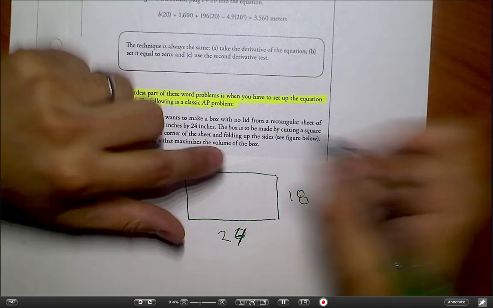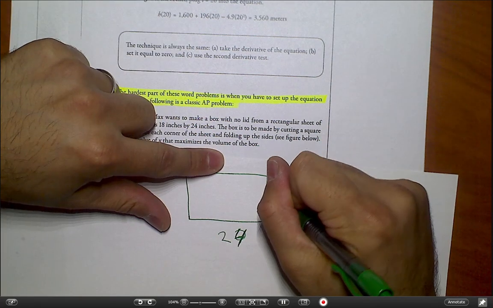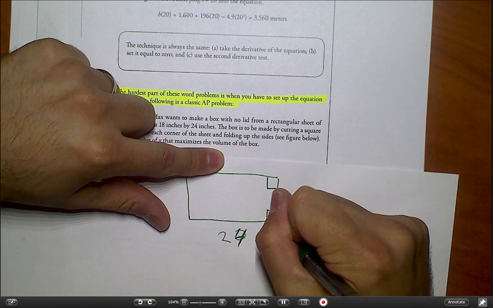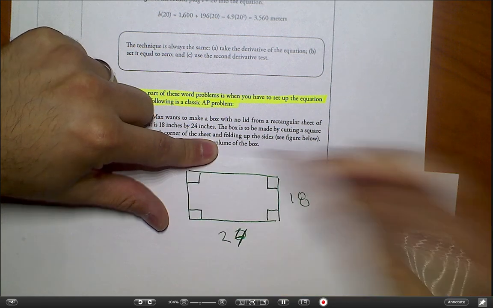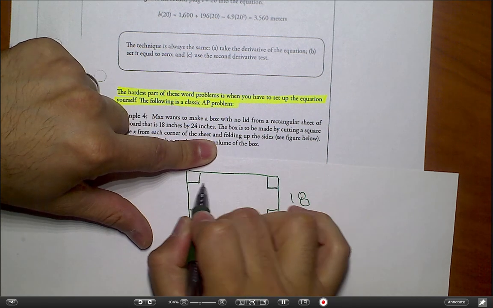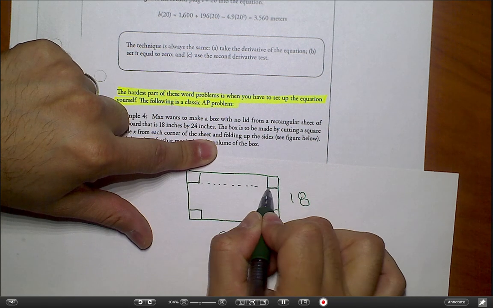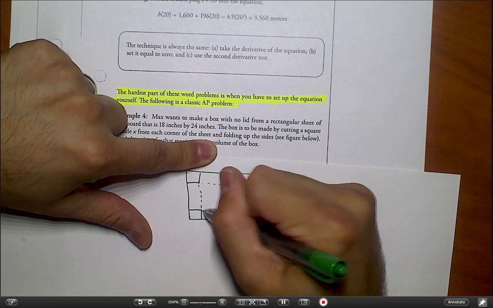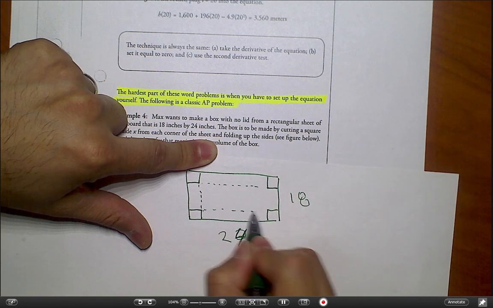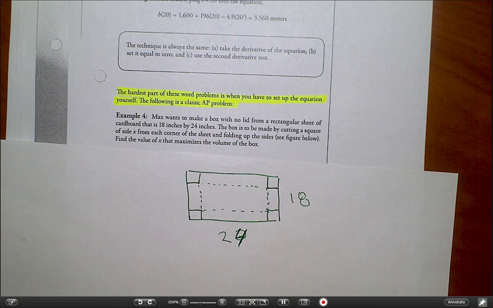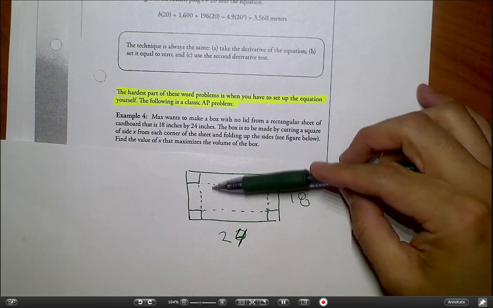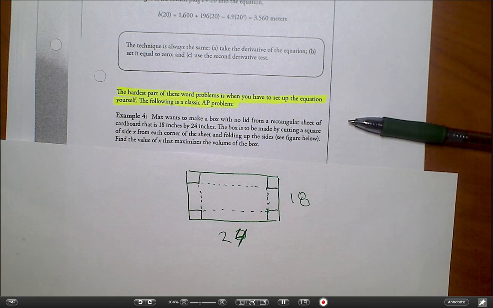So if I cut out something there, there, there, and there, I am folding this up like this. What I just did with my dotted line right there is this.